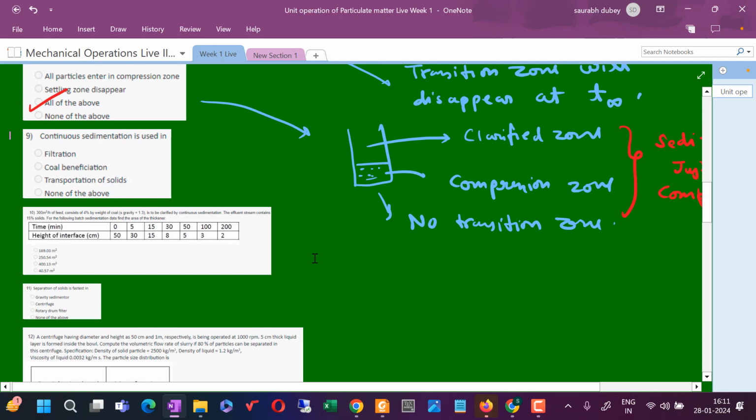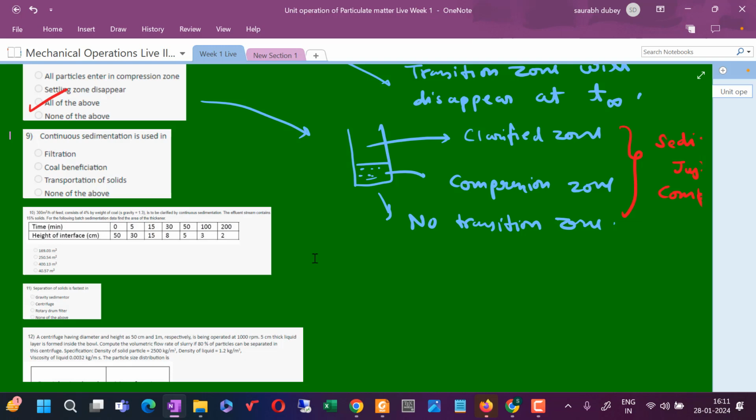So I have to see where continuous sedimentation is used: filtration, coal beneficiation, transportation of the solid, and none of the above. Transportation of solids, for that conveyors are used. Filtration you will be learning in the next week.